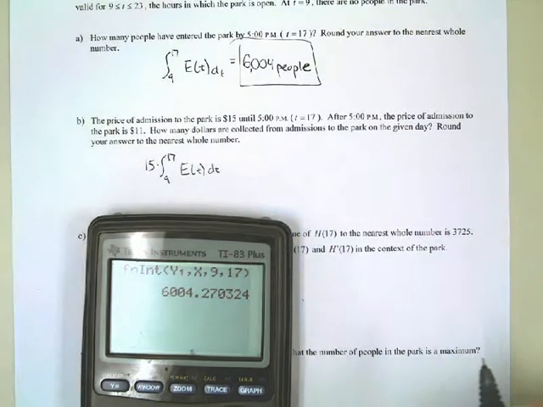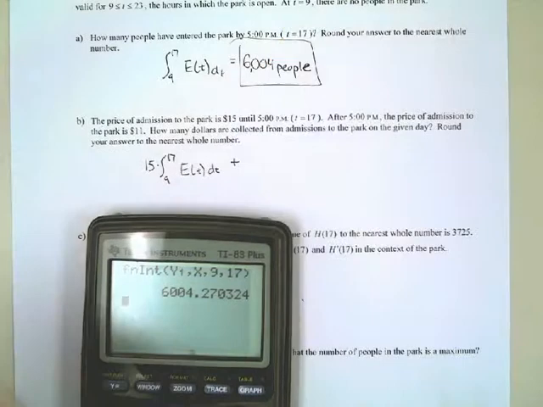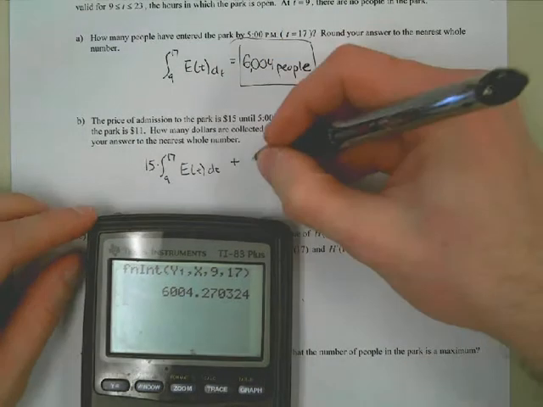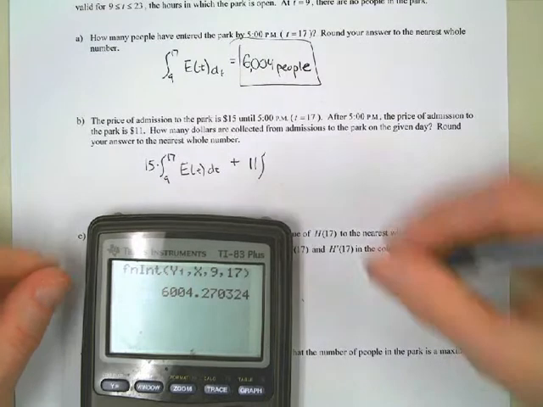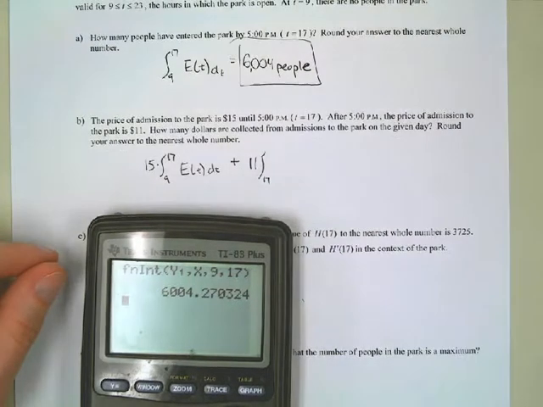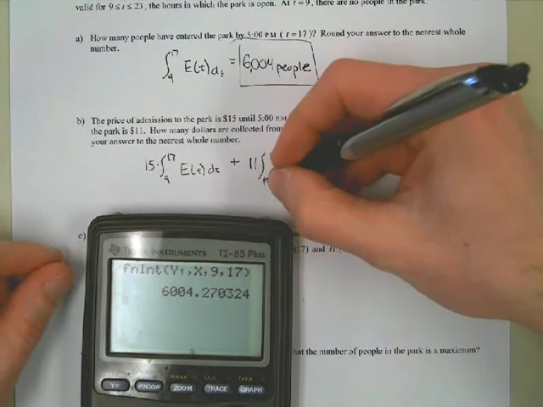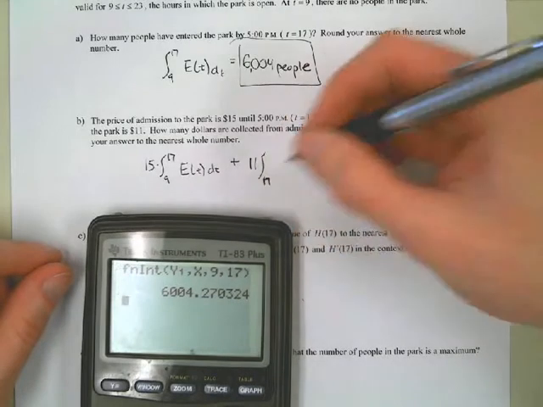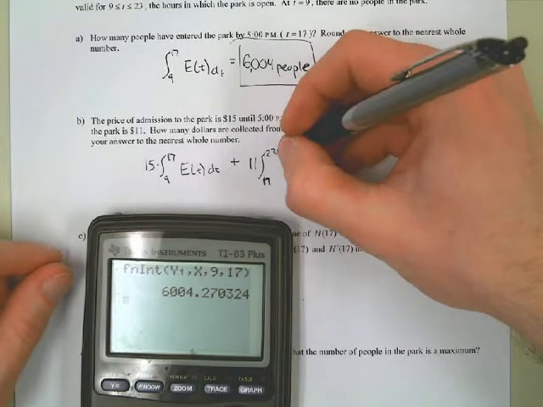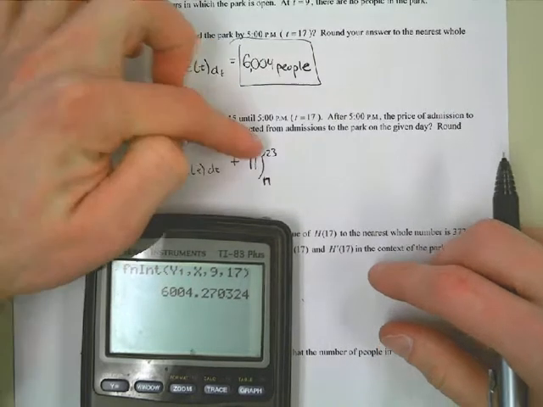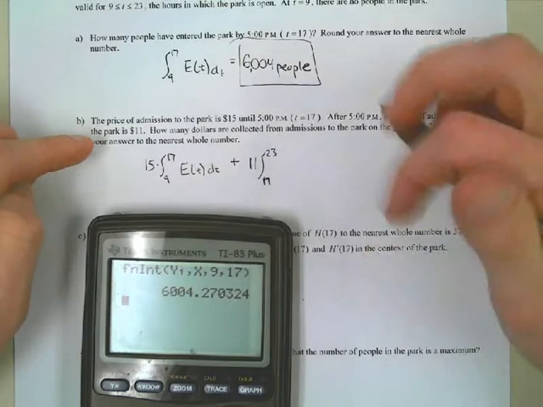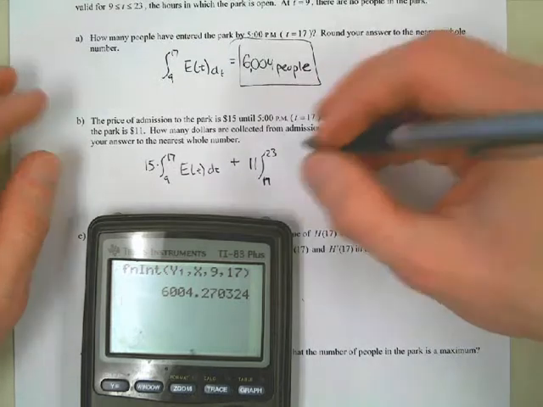Plus 11 times the integral from 17 till it closes, so 23. Yep, 23. So we integrate from 9 to 17 for the $15 price, plus the $11 price from 17 to 23, and again that's E of t still.